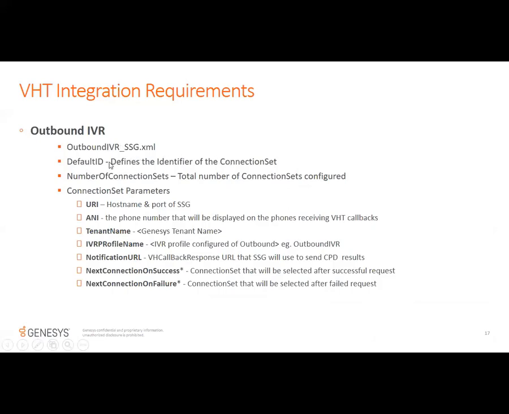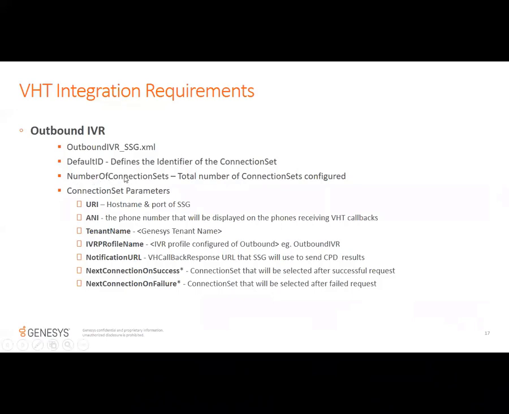So if you have 2 or 3 SSGs that could be used as a high availability option, you can define failover connection sets so that if one fails, or if you want to distribute the load between your SSG instances, you can have your configuration move between those connection sets as new requests come through for callbacks.